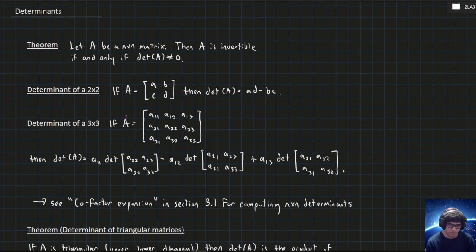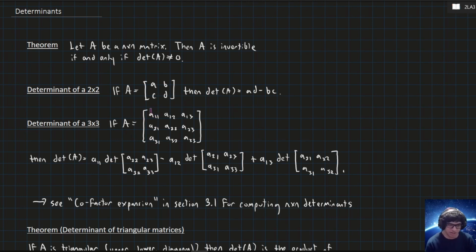Here's an example of how to compute the determinant of a 3 by 3. What I'm using here is called cofactor expansion. I'm expanding along the first row.